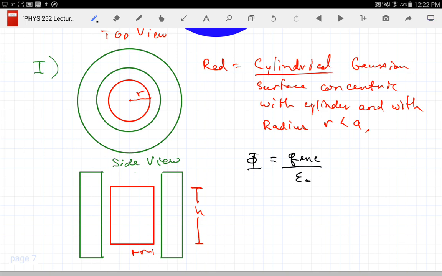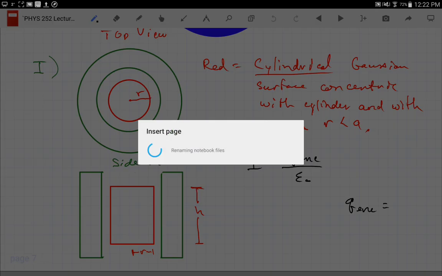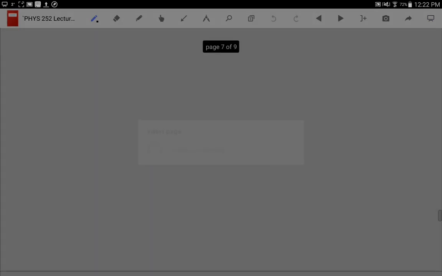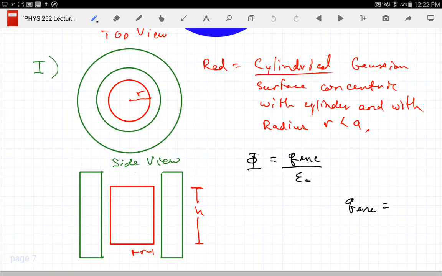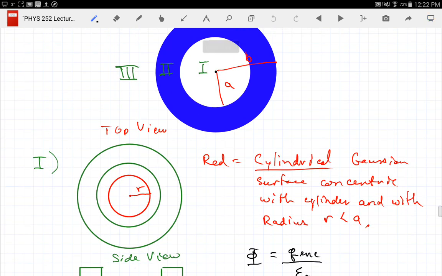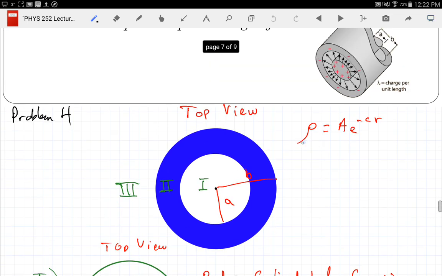How much charge is enclosed in this picture? How much charge is enclosed by that red rectangle, well, the red cylinder? Is there supposed to be a point charge in the center of all this? No, the only charge is blue in this picture, and that charge has the function right there.